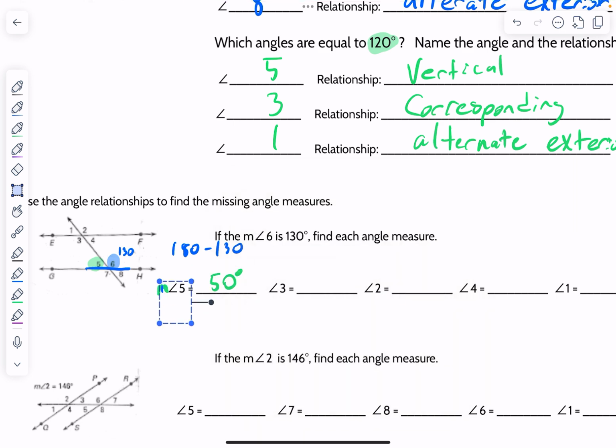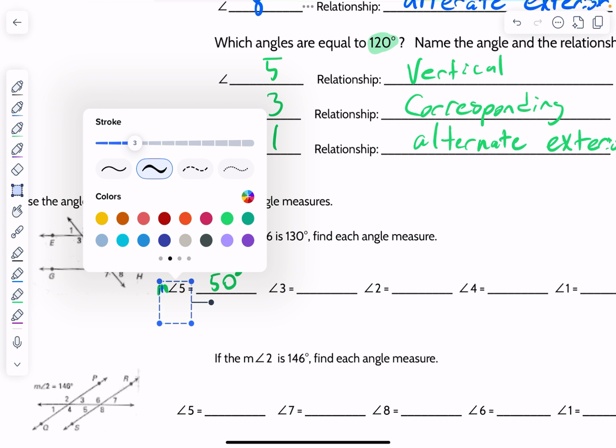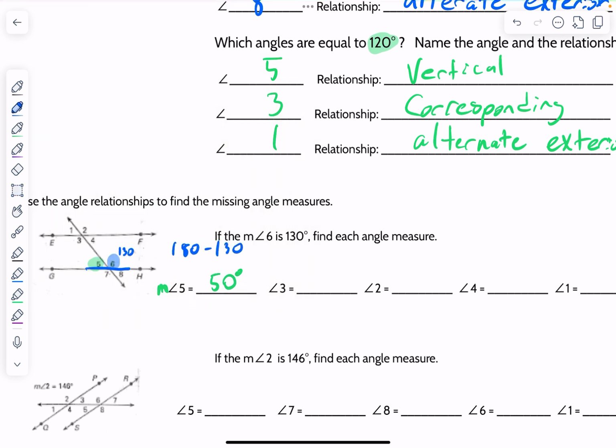All right. Now let's do angle 3. If I find angle 3, that is what we can call an alternate interior angle, which means they're equivalent. So we can just write 130 without doing any calculations and such.